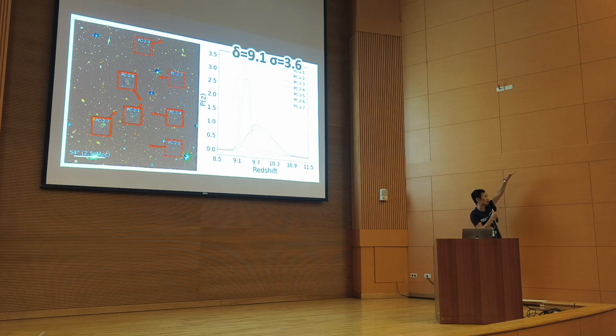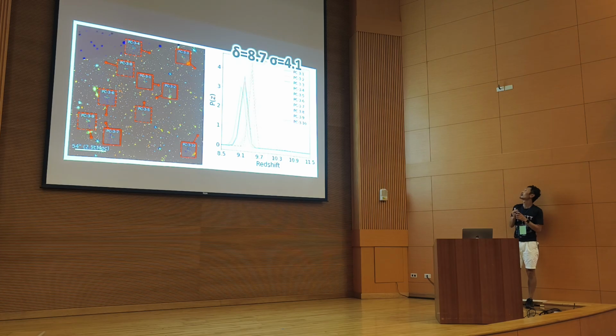So they're similar but different indicators. But for the next example, delta is lower but sigma is higher. Right, because the aperture size and the photo-z errors are slightly different in each candidate, so these numbers are slightly different.